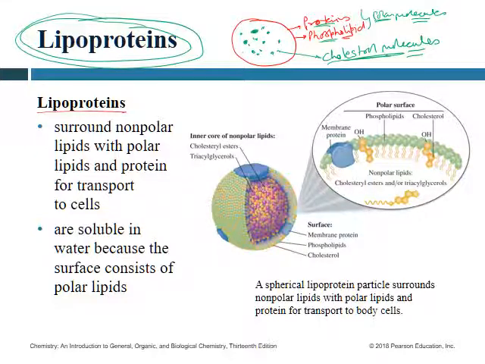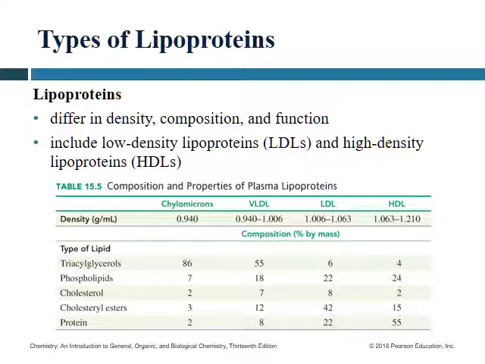It's like a covering of protein and phospholipid, right? And these lipoproteins are soluble in water because the surface contains polar lipid and protein, right? And that can easily be dissolved in blood, like I already told you. So there are two classes of lipoprotein, two types that the body uses to transfer the cholesterol molecule from one part to another.